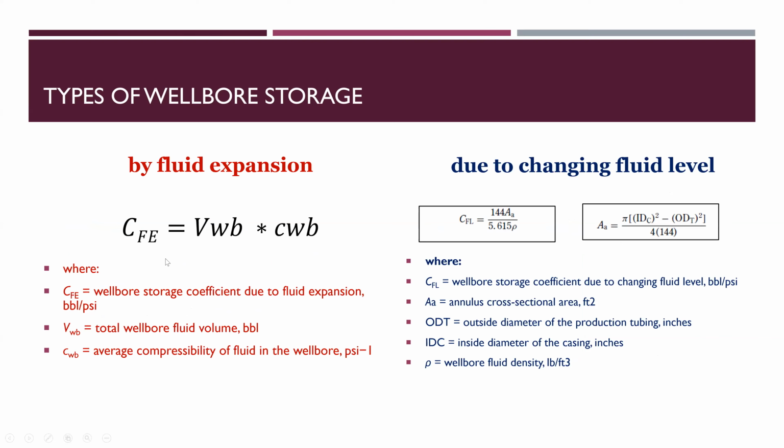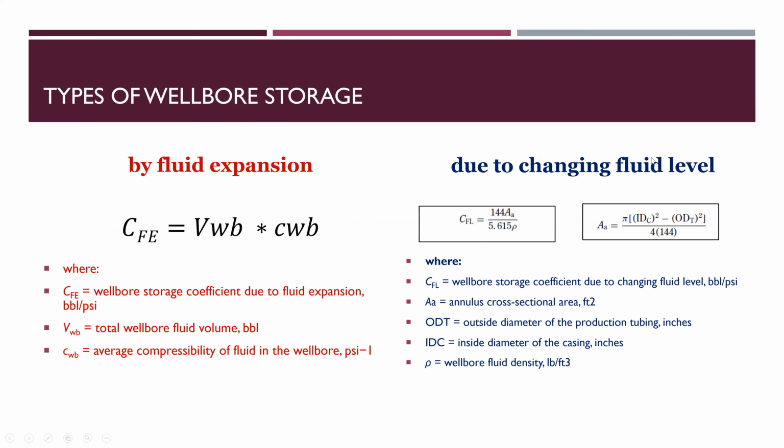This is the equation that represents what we call the wellbore storage coefficient. It's directly linked to the total wellbore volume of fluid in the wellbore and the average compressibility itself. We have two forms.